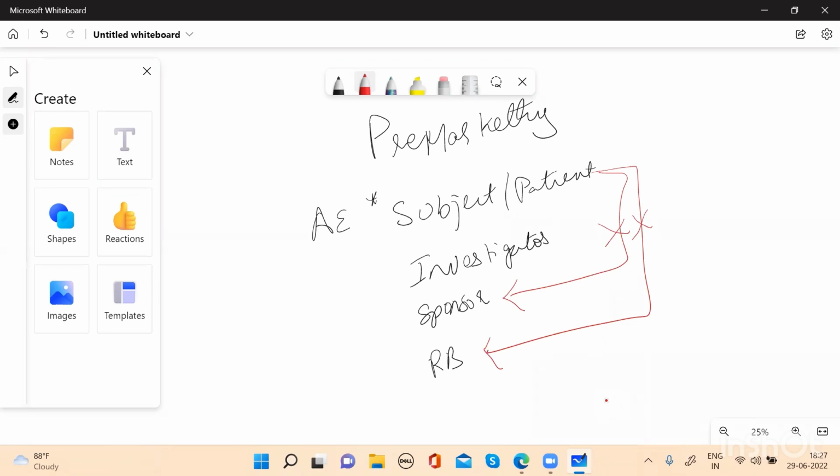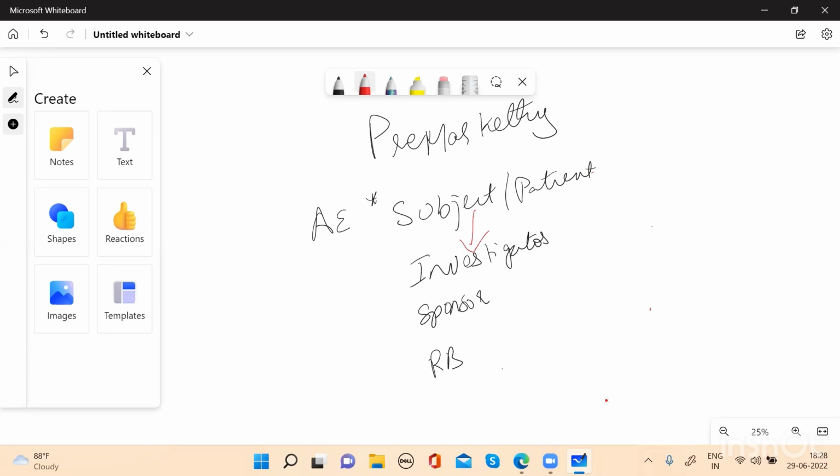So the subject cannot report either to the sponsor or to the regulatory bodies. The adverse event will be reported to the investigator.